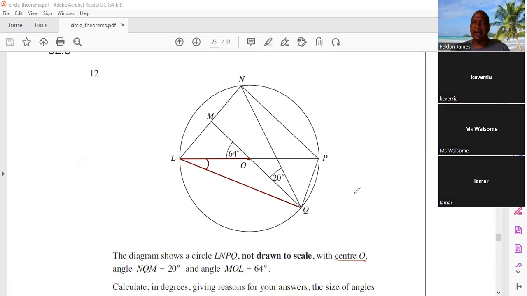You have another angle that you can use to help you out, guys. You know this angle is 64. So what's the angle here? 64 as well, sir. 64 as well.